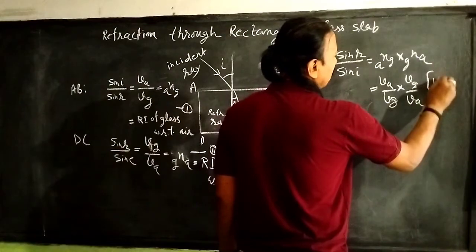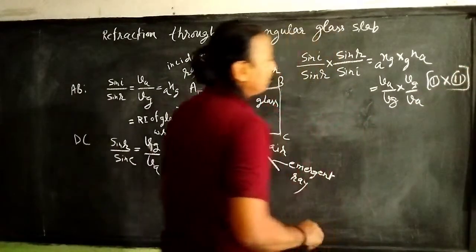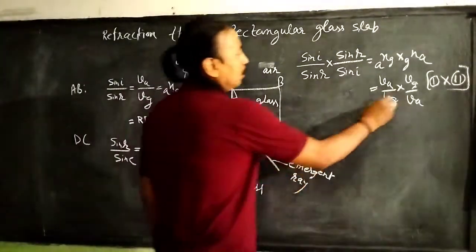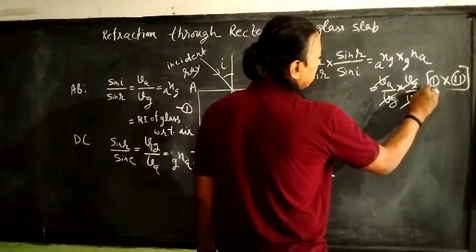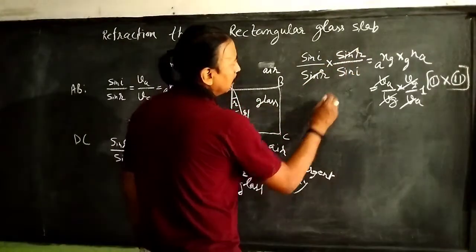This is the multiplication of equation 1 into equation 2. So this cancels out and becomes equal to 1. This is also cancelled out.